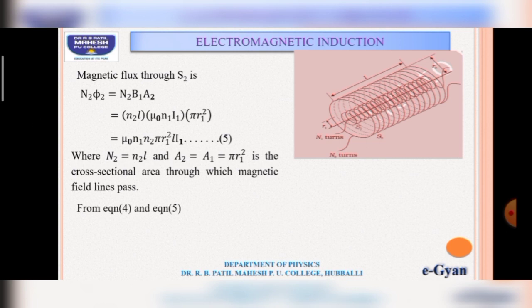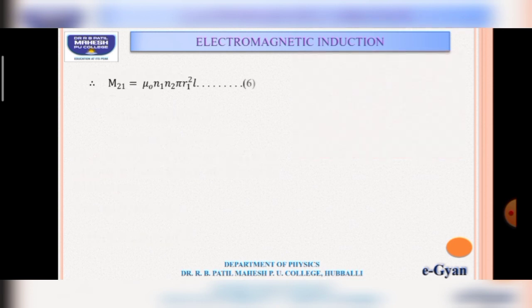From equation number 4 and 5, we can write M21 into I1 is equal to mu naught N1 into pi R1 square into L into I1, and this I1 and this I1 will get cancelled, and therefore M21 is equal to mu naught N1 N2 pi R1 square into L. Okay, let this equation be 6.